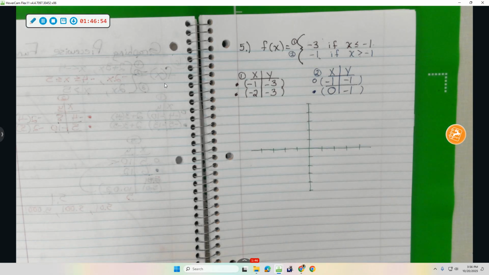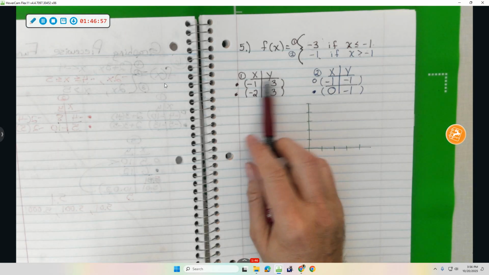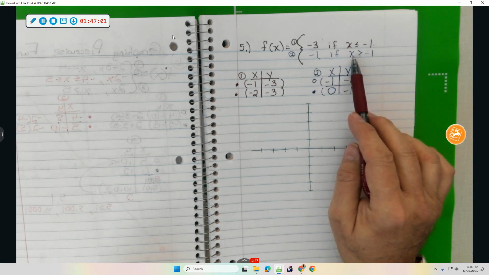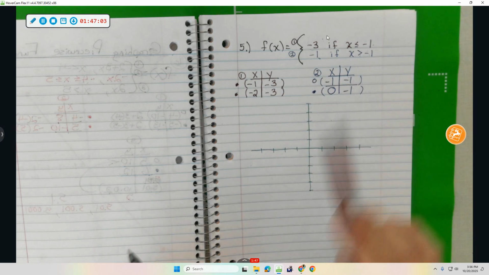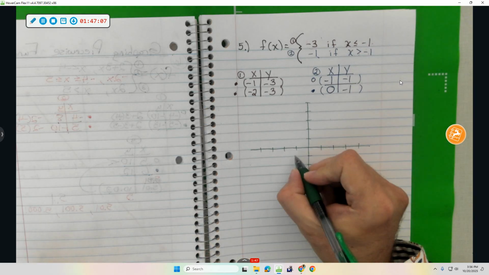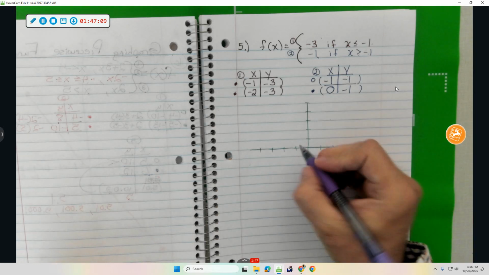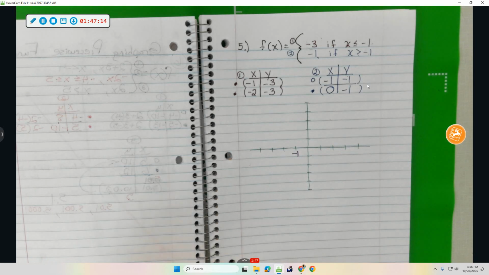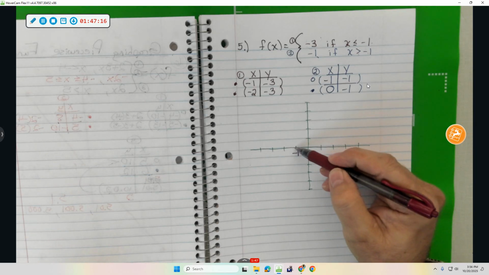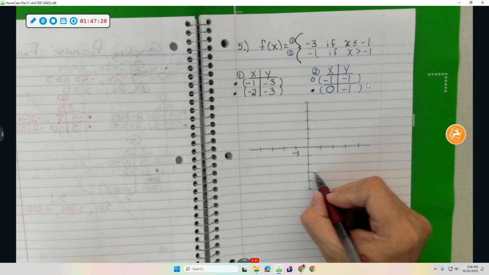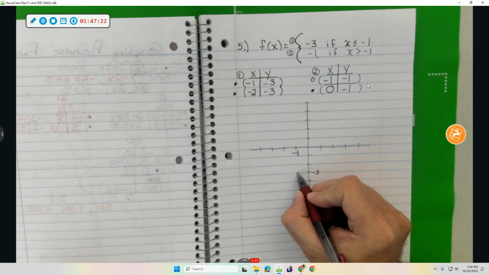Okay, so I'm going to graph the brown part. We're going to have a brown graph and a blue graph. They're changing. It's cutting off at -1. So I'm going to go ahead and label -1 right here on the x-axis. That's what's going to change from one graph to the other. So left 1, down 3, closed circle.